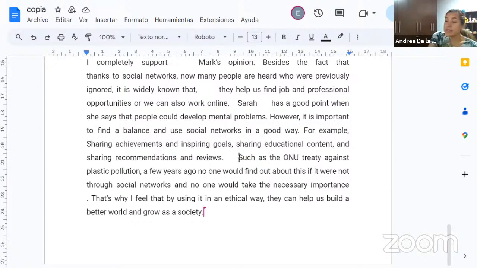Okay, good. This is good, but for the grammar part, you can never start a sentence with a phrase such as. If you are going to use such as, it has to be the continuation of something. In fact, and I would say, the ONU Treaty Against Plastic Pollution, or there was a treaty against plastic pollution a few years ago.